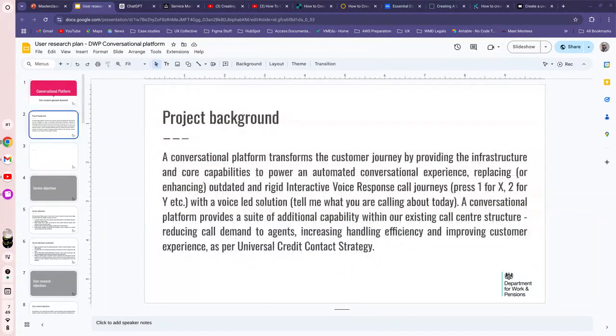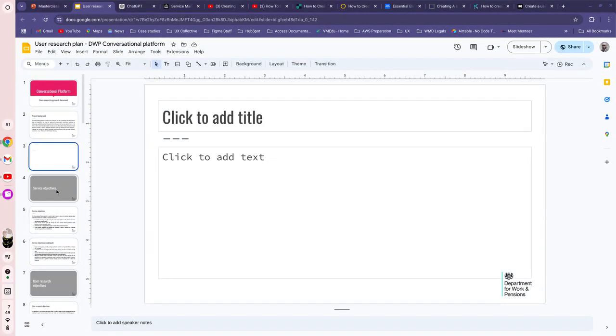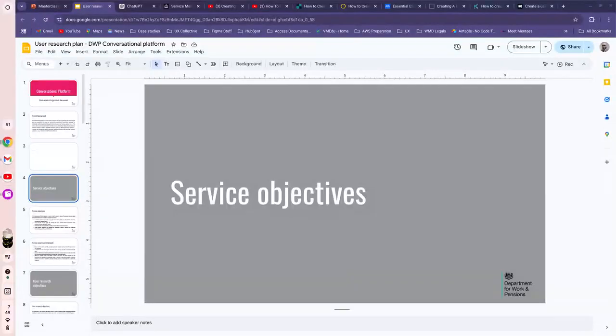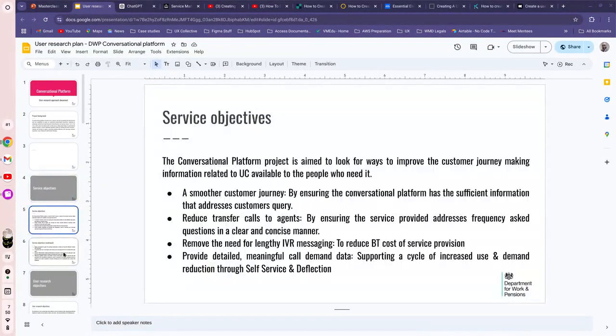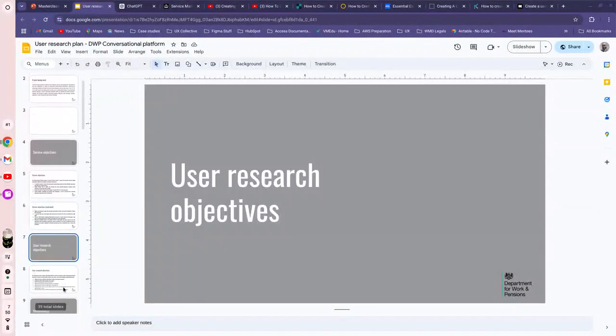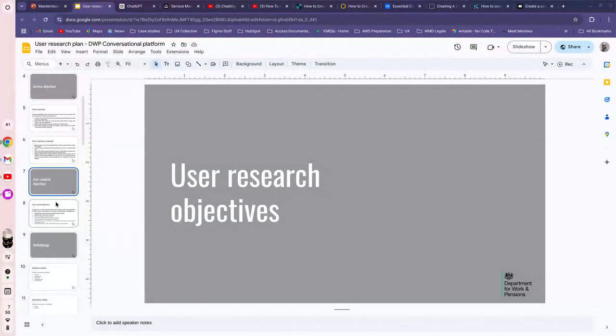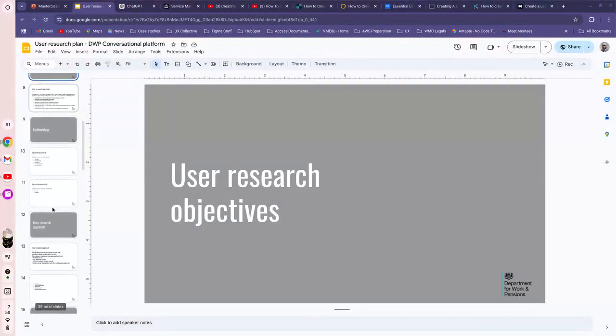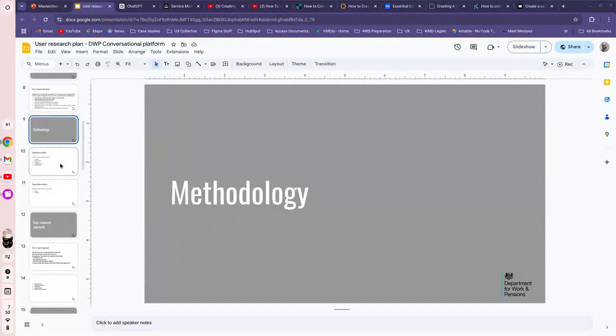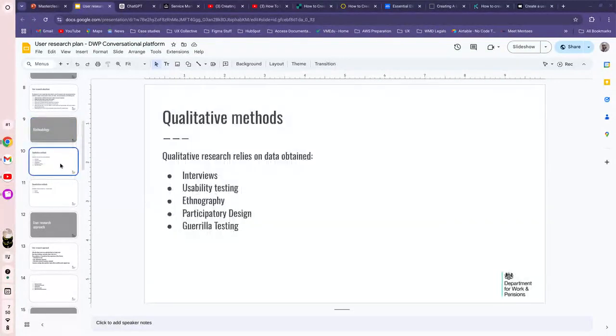You can see here, we did something around the project background, some more information there, and the overall service objectives. Then we talked about the user research objectives so that they align with the overall service objectives. And then we talk about methodology available to us, which could be qualitative or quantitative.